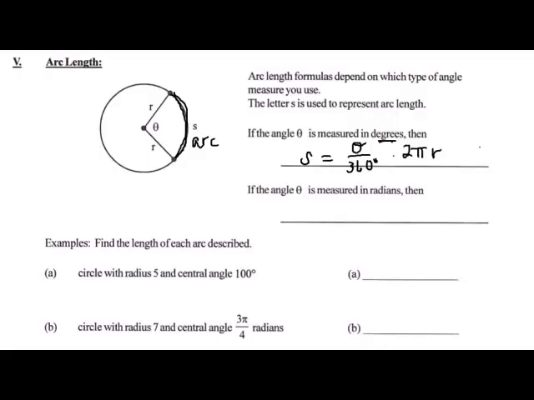If the angle theta is measured in radians, we're going to have the same formula, only we're dividing by 2 pi instead of 360 degrees. Now if we look at this one here, our 2 pi's are going to cancel out. So in radians, our formula is just S equals theta times r. So depending on whether in degrees or radians, that will determine which formula we use.